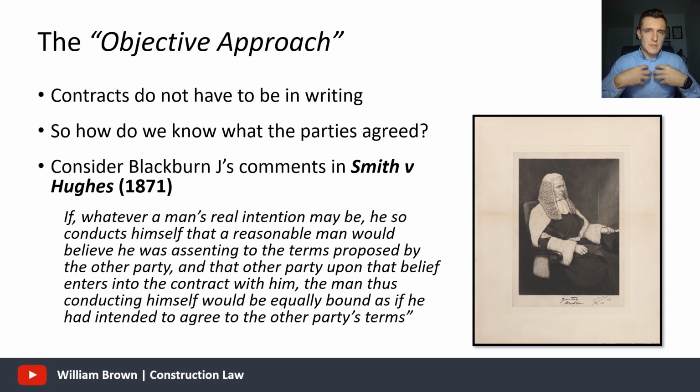Again, myself as a practicing construction lawyer, this is something that pops up all the time, because believe it or not, even when you're dealing in construction, something where you would think quite a lot of contracts would be robustly put together, that's very often not the case. And there's always a question of what exactly did the parties intend to do by that agreement? What did they intend that agreement to look like? And what did they intend their obligations to be?